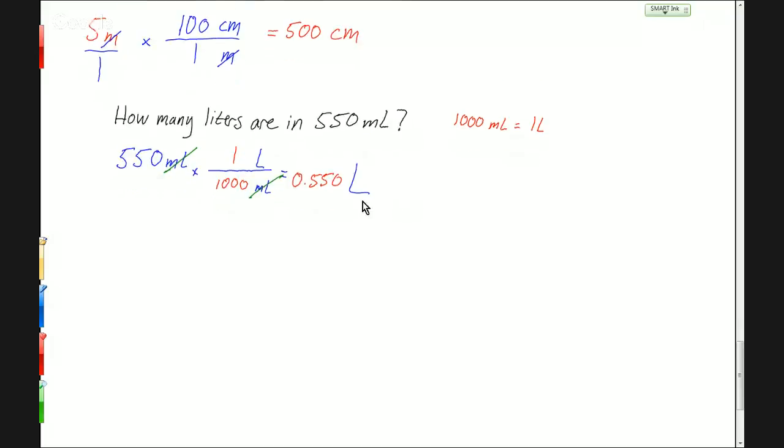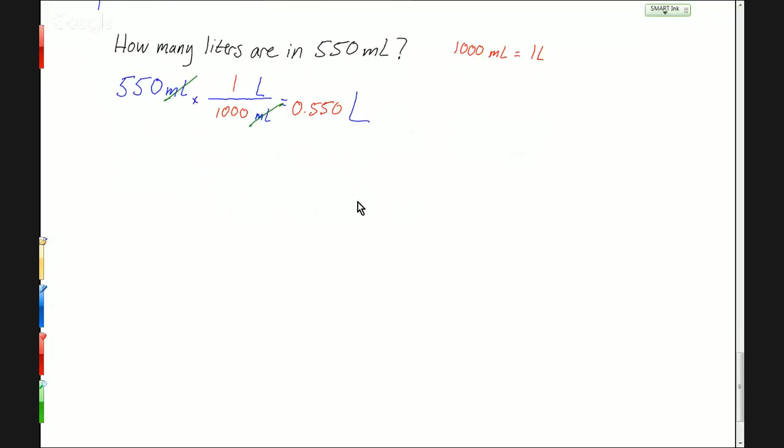The really useful thing about this method is when you start having to convert multiple things, you can do it basically at the same time instead of having to go step by step. So let me show you another problem that looks like that.